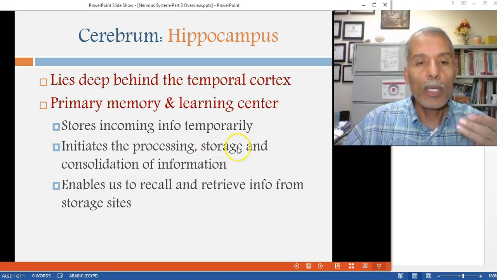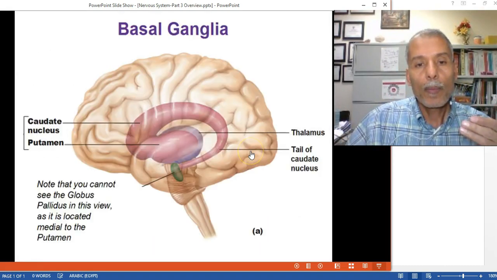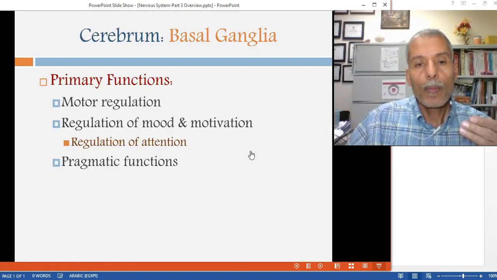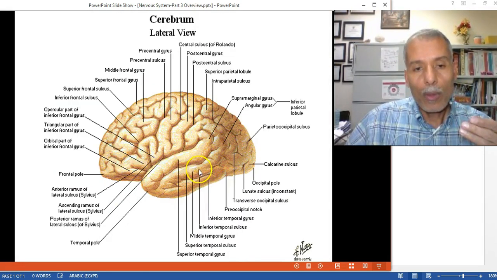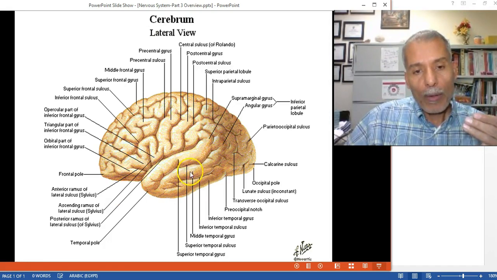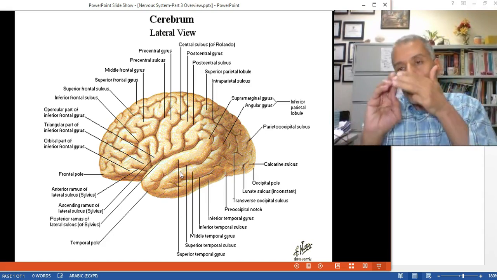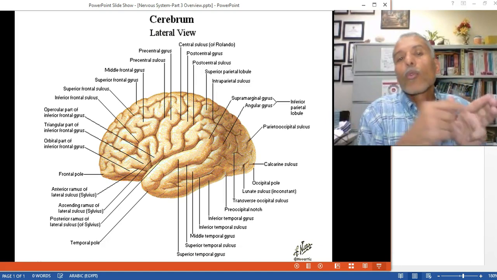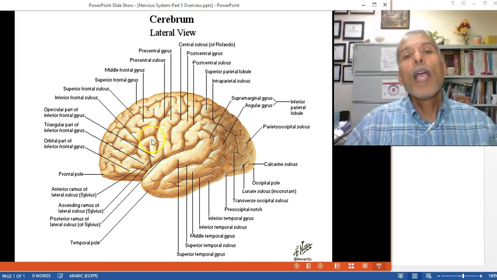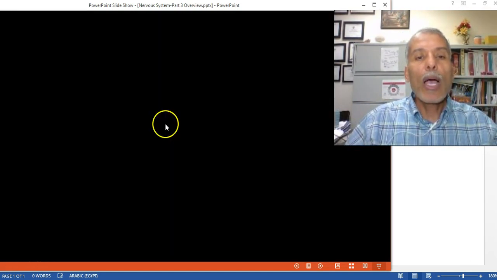Let me go back to it. So here, if you go to the middle temporal gyrus, and you go deep inside of the middle temporal gyrus, you are going to find the hippocampus. It is called hippocampus.